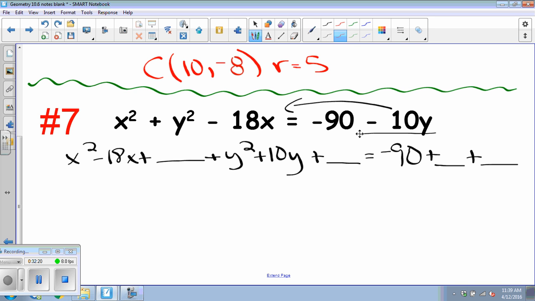Okay, half of 18 is? 9, squared is? 81. Add 81 to both sides. Half of 10 is? 5, squared is? Add 25 to both sides.